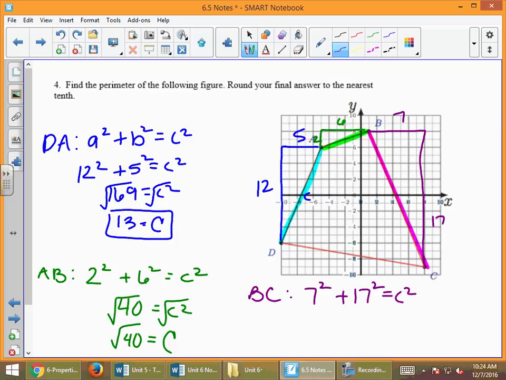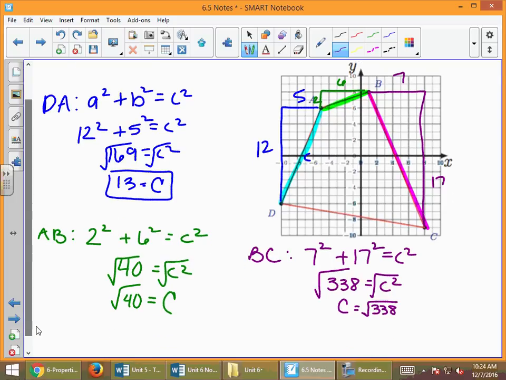We do 7 squared plus 17 squared? 338. Square root. Again, is 338 a perfect square? No, just leave it. Don't round. Save it for the very end so your answer is as precise as possible.